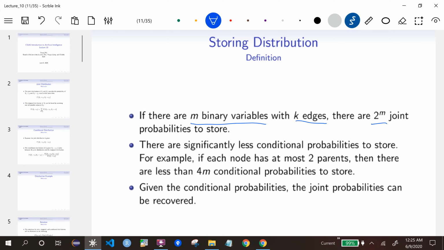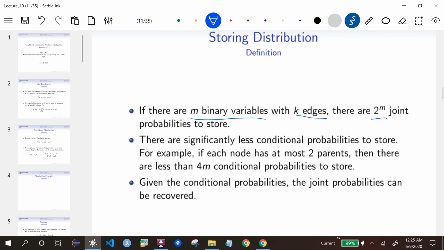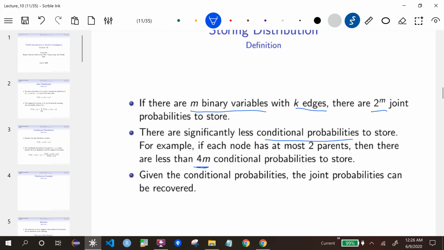I'll give you an example. If we only store the conditional probabilities, and I will explain how to go back and figure out the joint probabilities later, we only need to store less than 4m conditional probabilities.